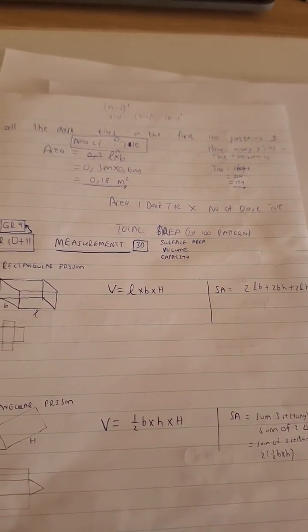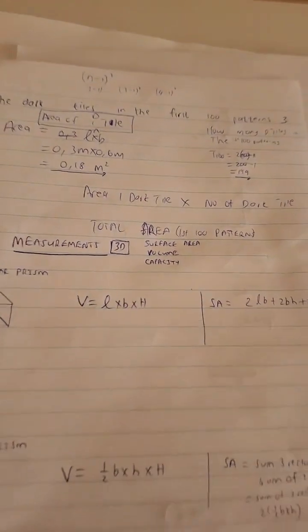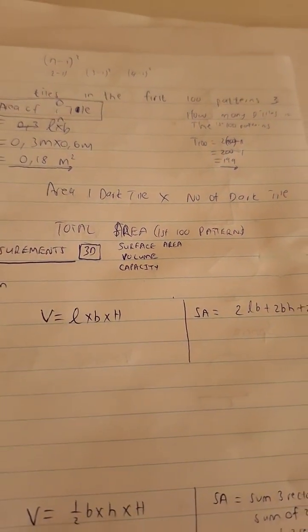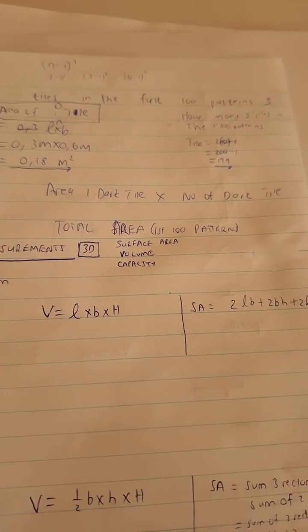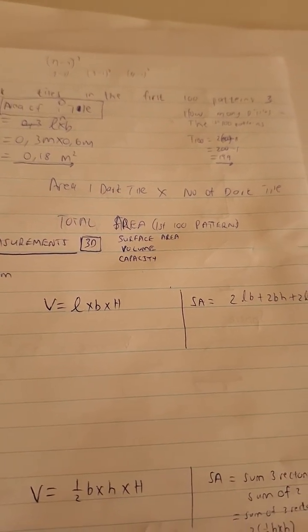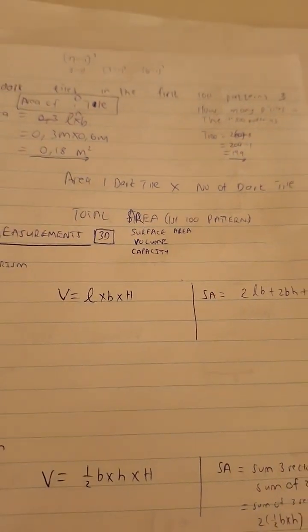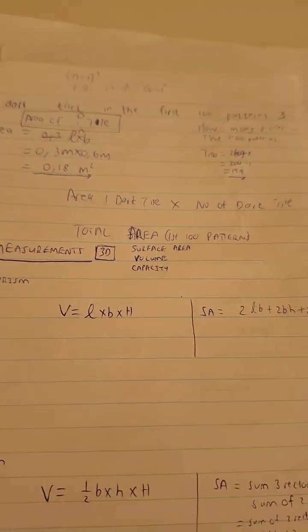So 1, surface area, 2, volume, 3, capacity. Let us unpack what these mean.